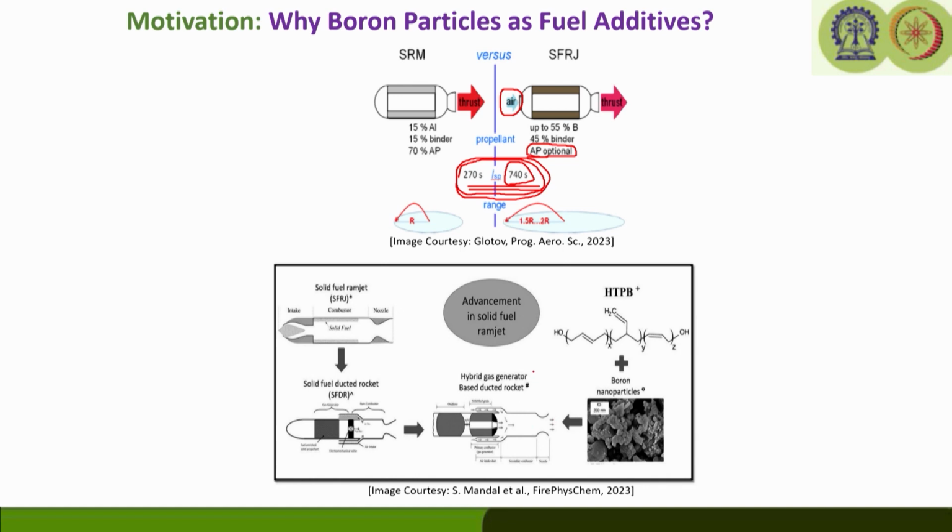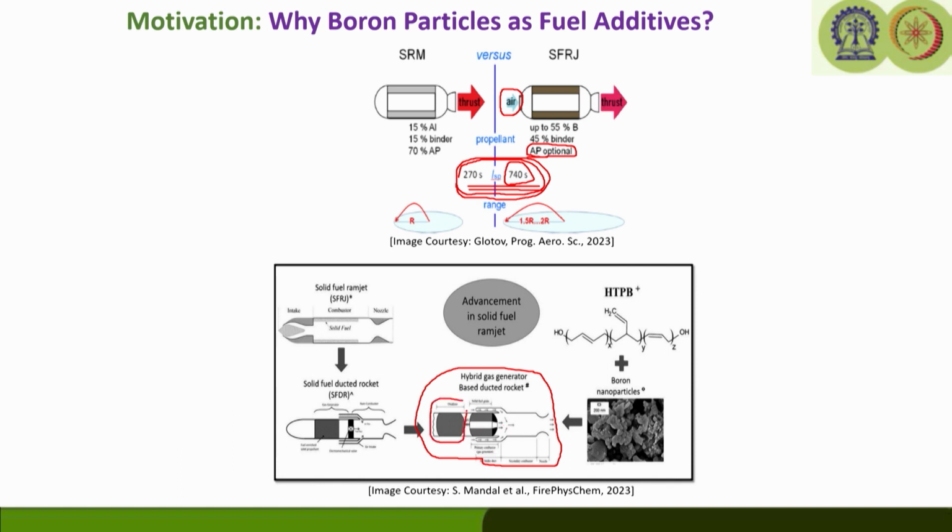You see, this is a hybrid gas generator, where we can use the oxidizer separately just to partially burn the boron-loaded solid fuel, and then the rest is going to burn in the secondary chamber. So, there is a primary chamber. Here you can see the oxidizer is used as a gaseous oxidizer.